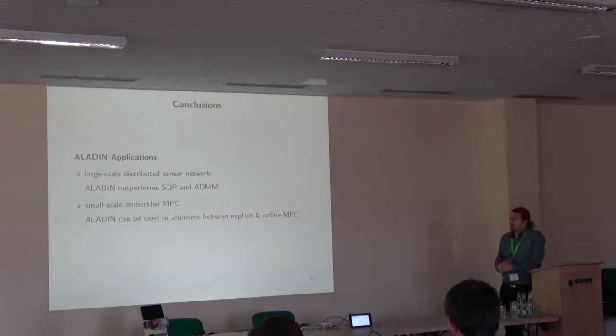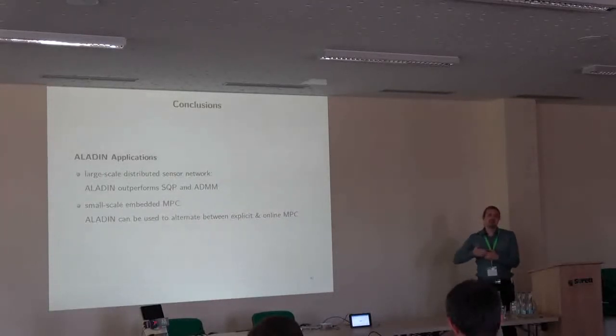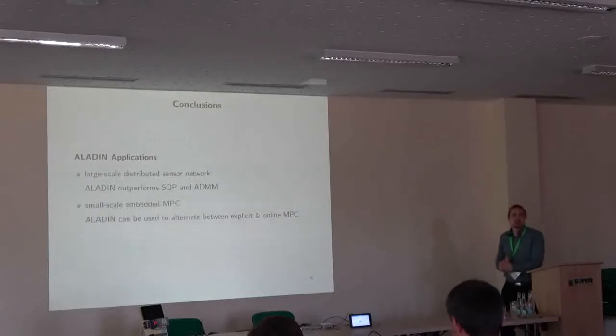While online MPC seems to perform better for large-scale problems, that has been the case because explicit MPC runs into limitations in terms of scaling up the state dimensions, control dimensions, but also, most importantly, the length of the prediction horizon, where we get huge numbers of critical regions. I really believe that Aladin could be a way to overcome this limitation in explicit MPC.